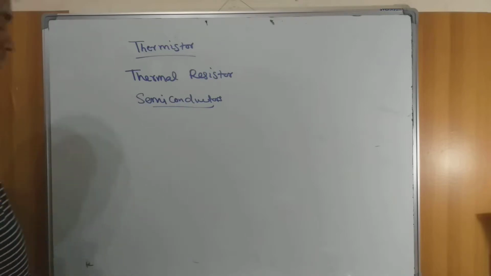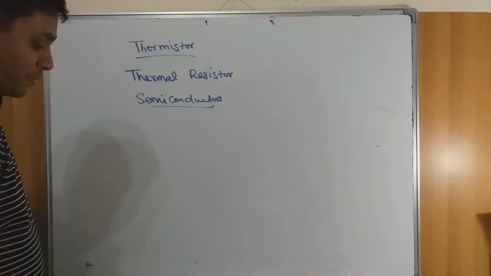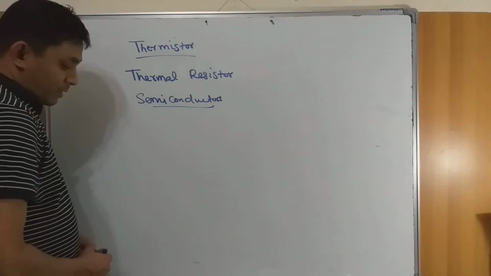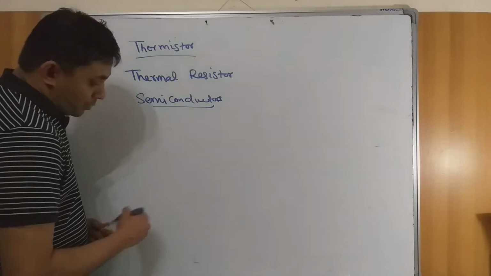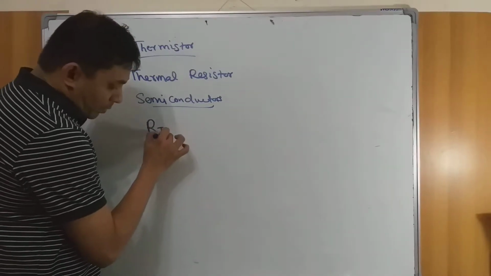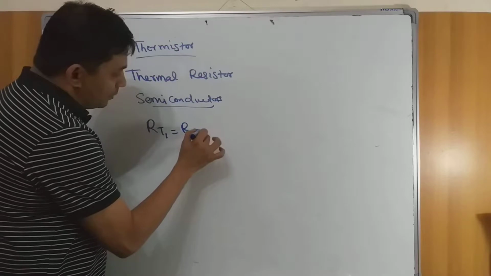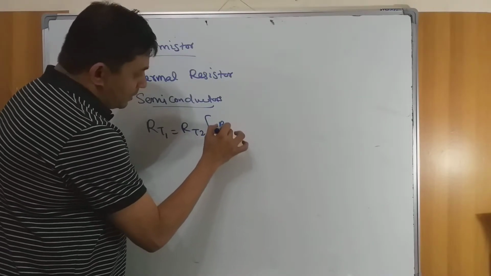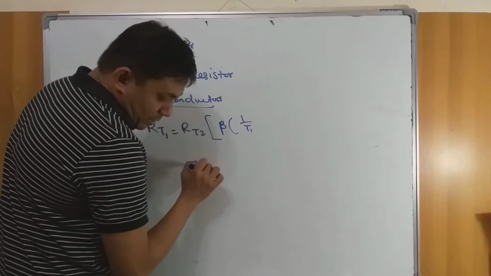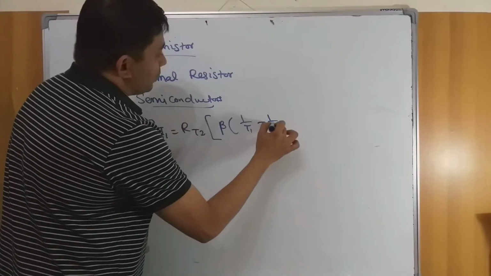That's why these types of sensors are very common in many circuits, and there are some relations that we are supposed to understand, given by the equation RT1 is equal to RT2 into beta into 1 divided by T1 minus 1 divided by T2.